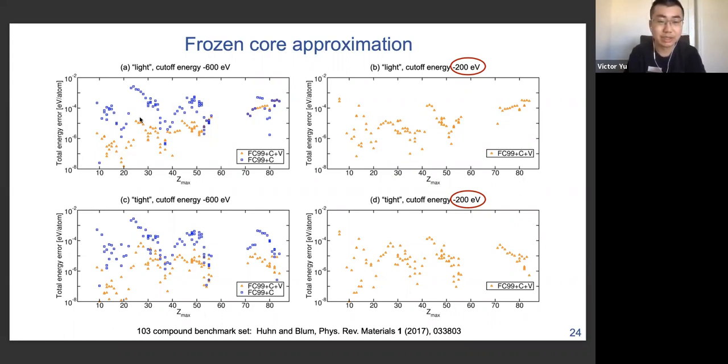Basically, there are two algorithms. For the better algorithm, which is what we call FC99 plus C plus V, the average error is around 10^-5 to 10^-6 eV per atom for both light and tight settings. And even if we use a high cutoff energy like -200 eV, the accuracy is quite nice.